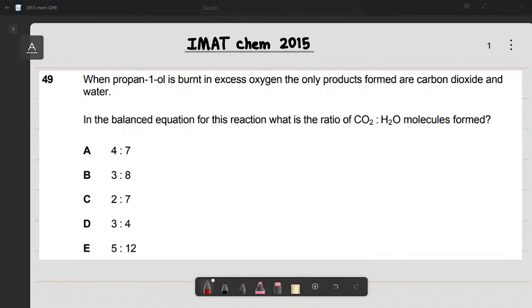So we know propanol is an organic compound. The general rule for any organic compound in complete combustion is that it forms carbon dioxide and water as products. Now they're asking the ratio for these products, carbon dioxide and water.